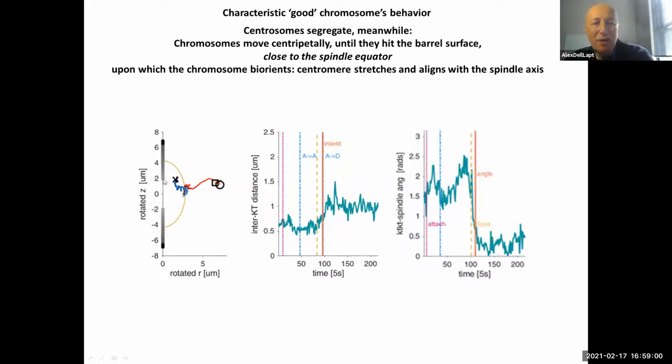Meanwhile, the poles of the spindle are segregated. And when the chromosome bumps into a certain surface, again this barrel-shaped surface, it will be clear later what the surface is, that's where the biorientation happens. Kinetochore stretch, angle drops to 0. This is a good chromosome.